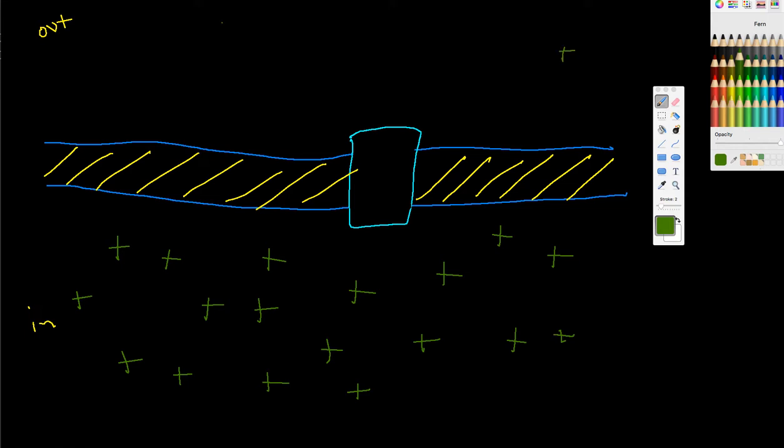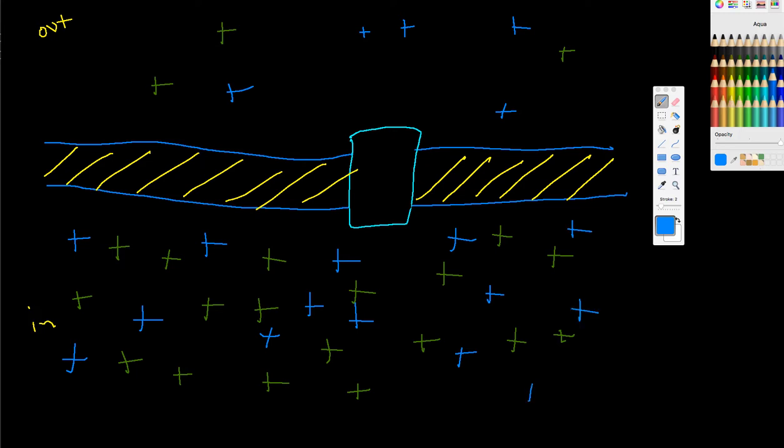And there's probably still a little bit outside. And there's a couple potassiums out here. But there's a lot more potassium in here because I haven't opened any potassium channels yet. I've only opened sodium channels and let all those sodiums in.